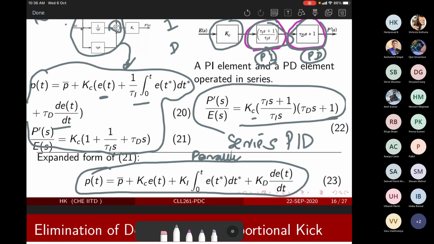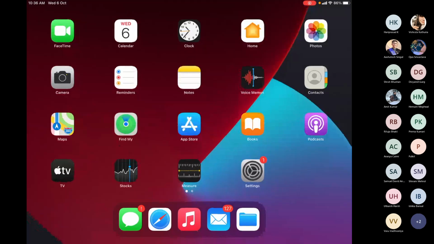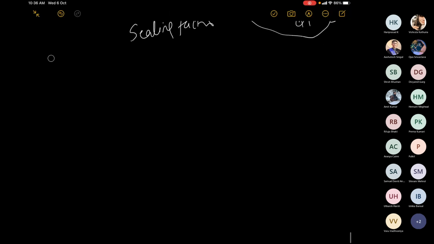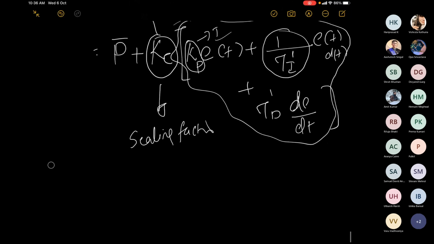And you can also split them and write now. So you have a Kc term, and this Kc by tau I you can write as a Ki term, and this Kc times tau D you can write as a Kd term. Why I am saying this is that when you go to the control lab, you might start seeing various ways of writing things.